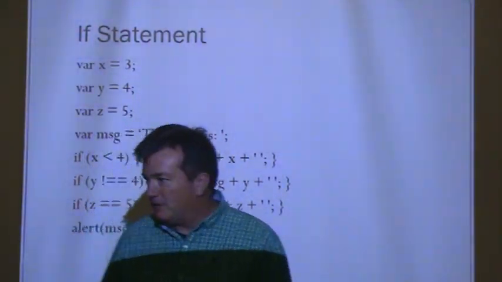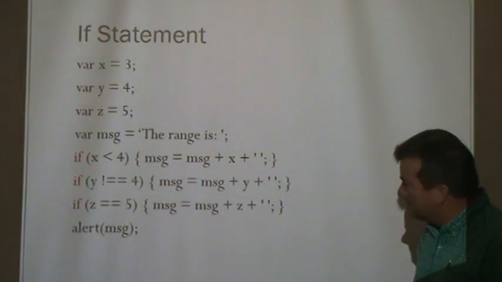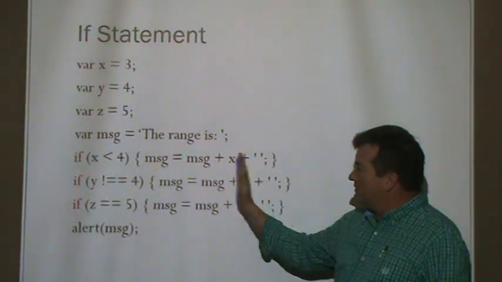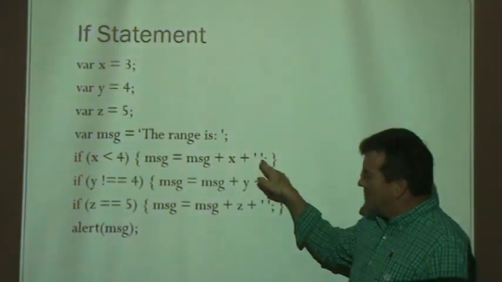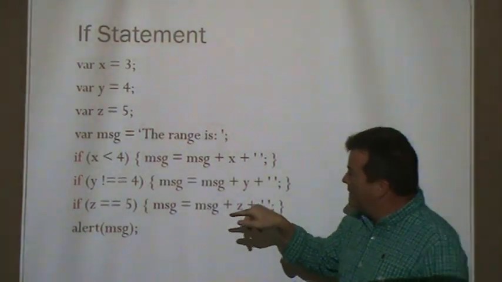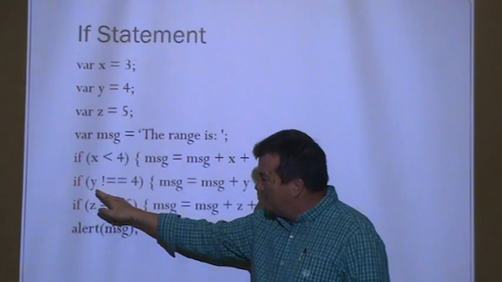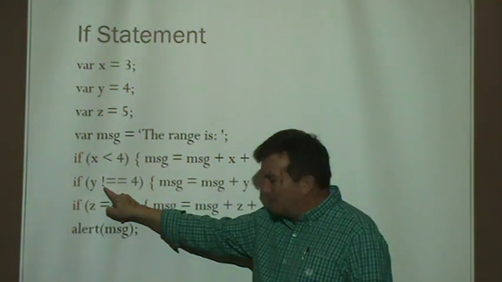So that would be a true statement. So this line of code will run. And I'll say message equals whatever the message is, I'm going to put a 3 in front of it and then a space.